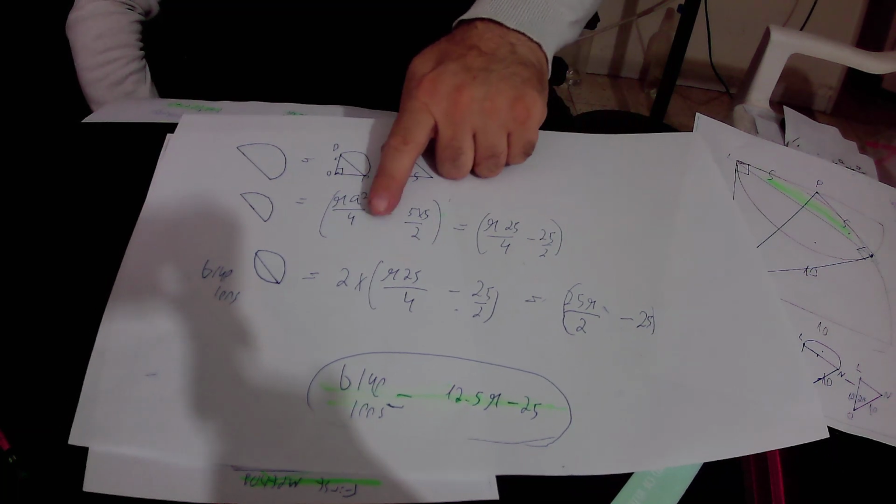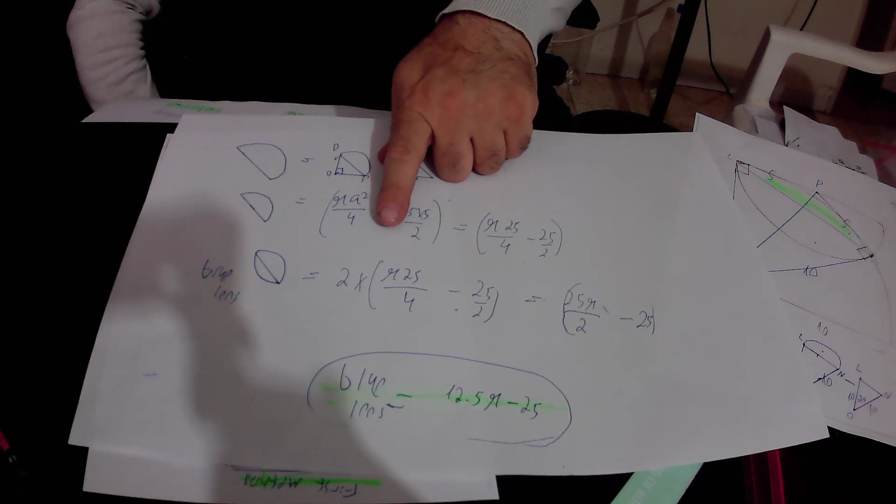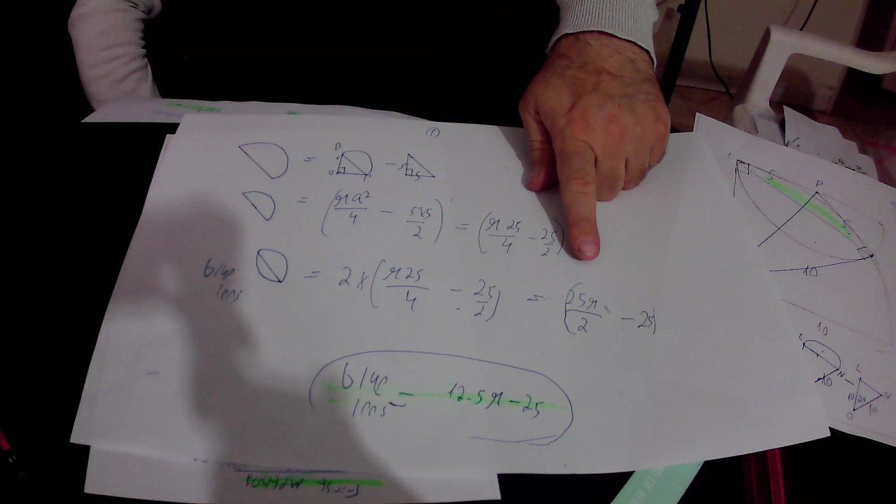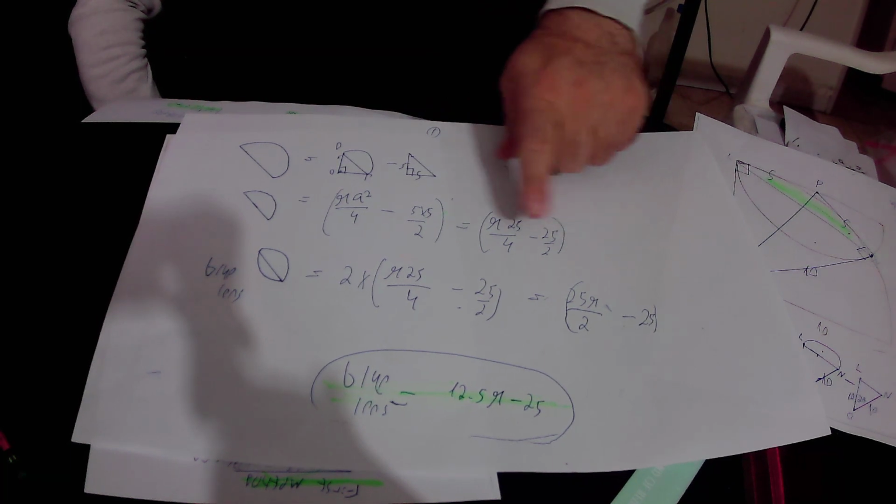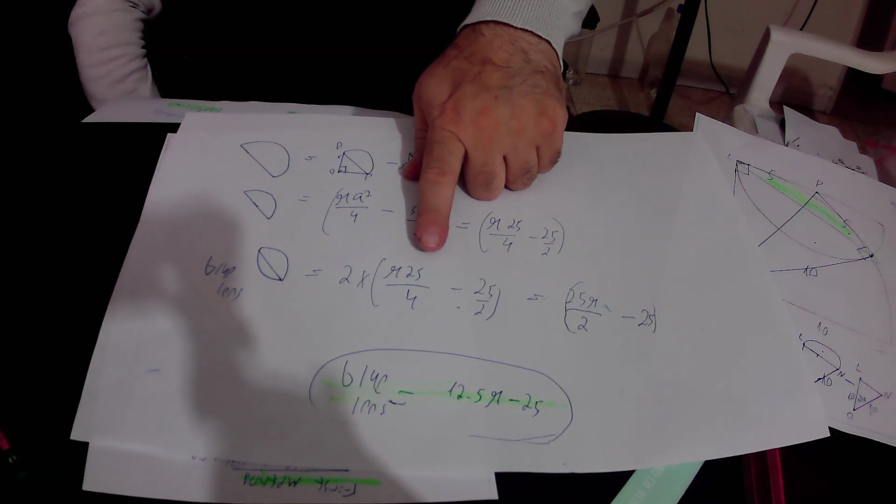So here we divide both the numerator and the denominator by 2, so 2 over 2 is 1. In the numerator we have 25 pi, in the denominator 4 over 2 is 2.